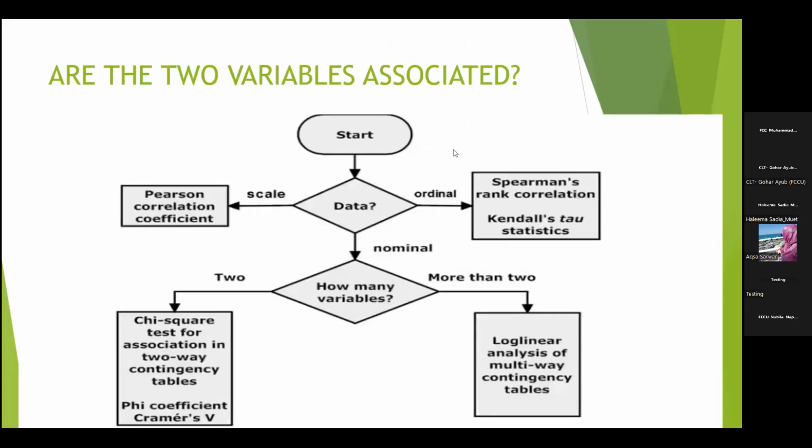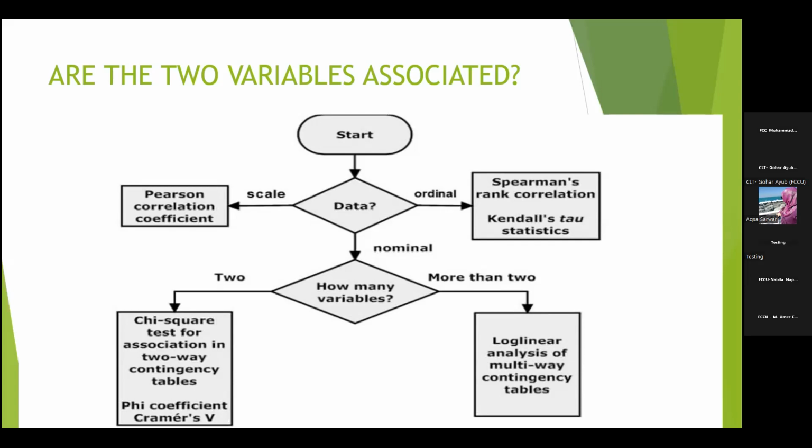The next point is: are the two variables associated? In this case, association means not only the association in ordinal data or attributes or qualitative data, but association or relationship may exist in quantitative data also.